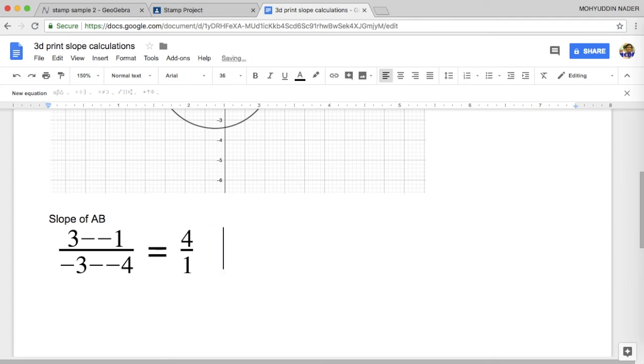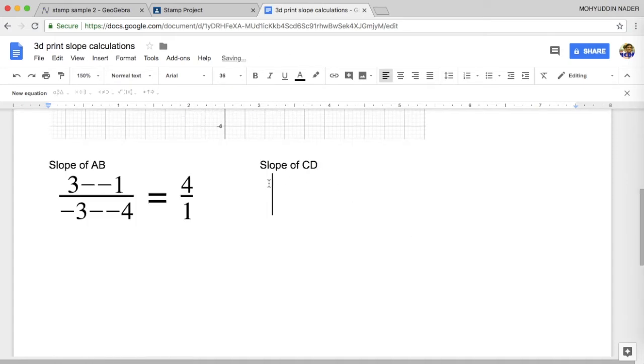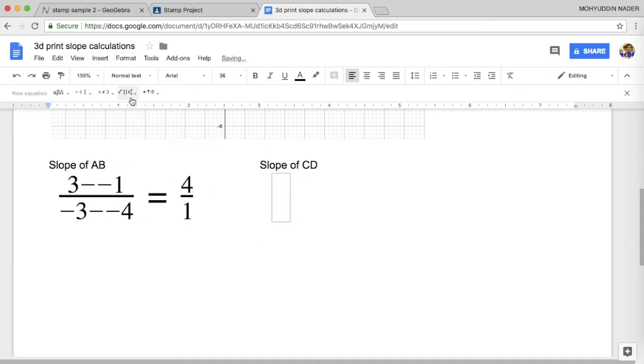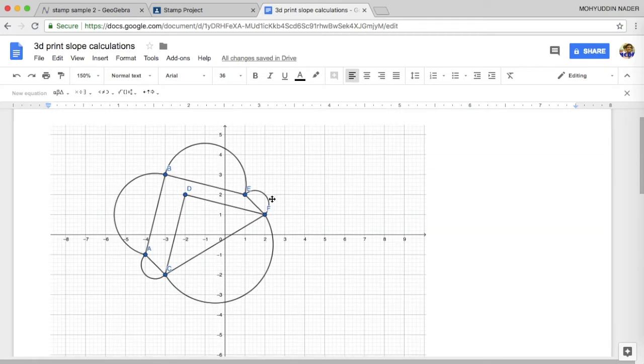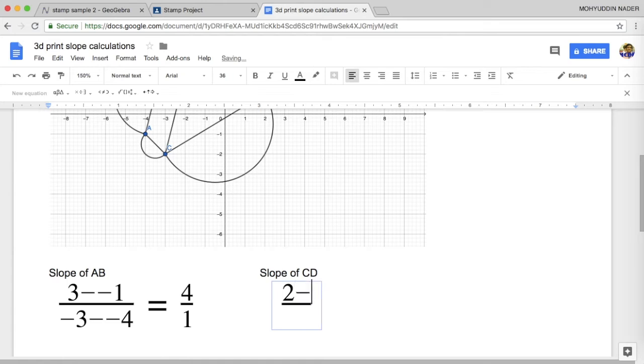Let's repeat for the line that we think is parallel to it. Before that I'm going to move some spaces over by hitting tab. Slope of what appears to be parallel, I believe, is CD. So insert equation, make a fraction for change in y over change in x. D's coordinates are negative 2, 2, so the y value there is 2, and the y value for C is negative 2. So that's 2 minus negative 2.